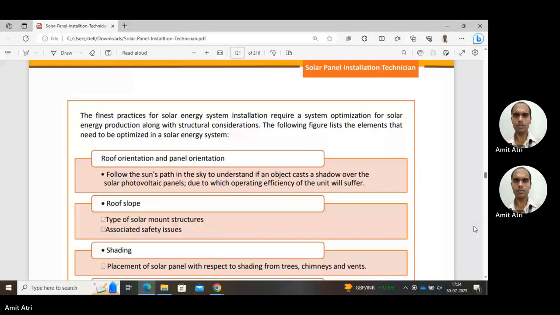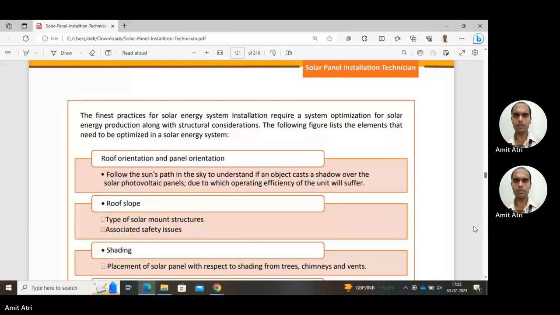In our initial units we studied in detail that the energy produced by the solar panel depends on the amount of sunlight available and the inclination of our panel with the sun. That is why we also use trackers to maximize energy production, so that our panel is always facing the sun.